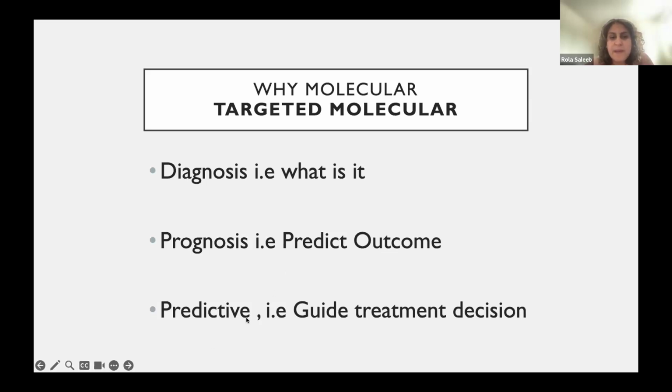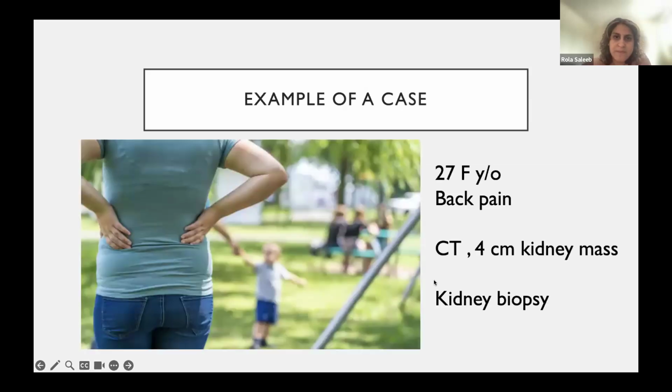And sometimes it helps guide treatment decisions. It can tell you, for instance, whether a cancer can respond to a certain therapy or not. And that's really why we do molecular. And as I said, this is in the context of what the cancer looks like under the microscope, because molecular testing without knowing the phenotype is not very useful.